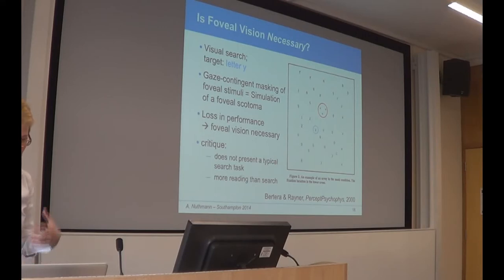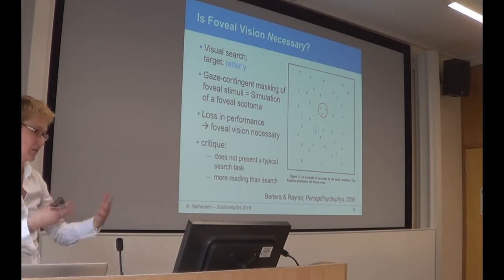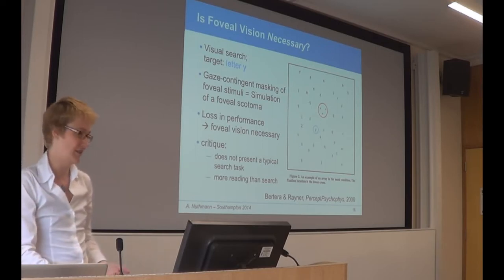So how can we reconcile this? Some of you will probably have a good guess of why this is the case. First of all, you can argue this does not approximate how we search in the real world. It's actually more similar to reading, because you need the high spatial frequency information, which is removed by this scotoma, to discriminate the letters and digits, which you don't necessarily need to search for a medium-sized object in a real-world scene.